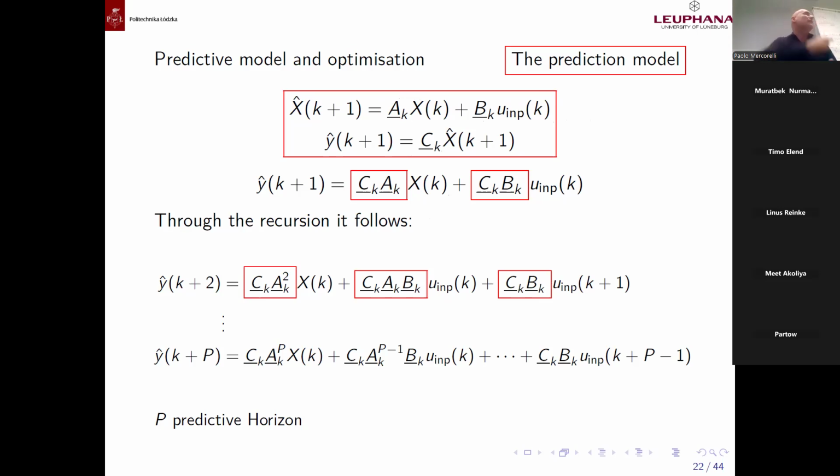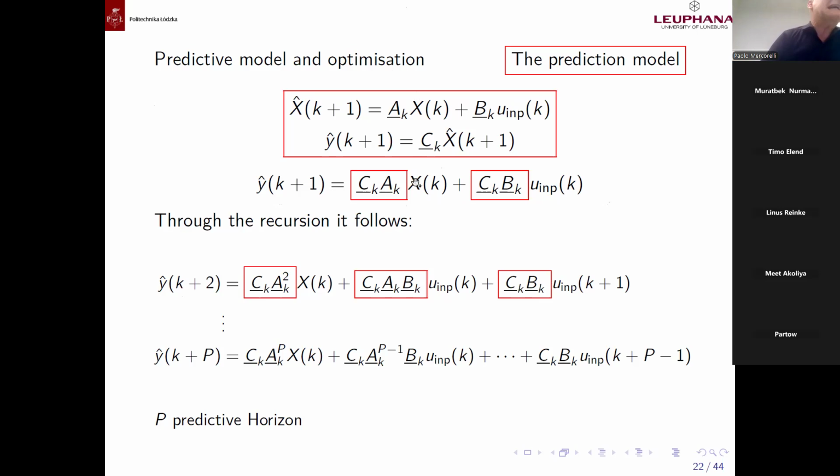K plus 1 is the future, and the prediction is characterized by hat in the literature to distinguish it from the present. But anyway, we can see that tomorrow is a function of the present. Now, if I add plus 1, I have plus 2. To obtain y hat, in any case hat, because this plus 2 is already more in the future than plus 1, I have to plug in here basically this expression.